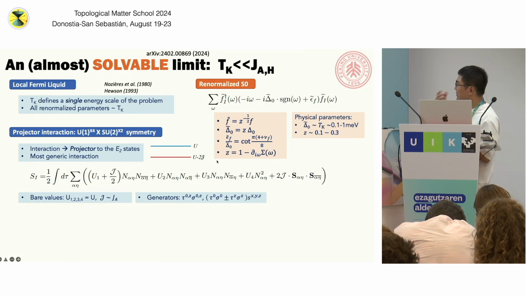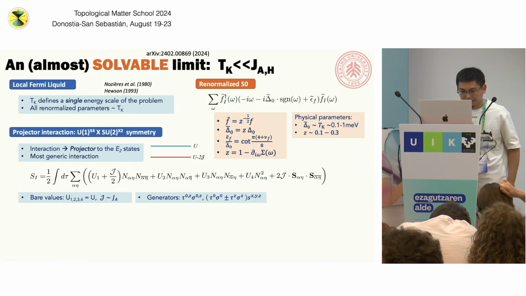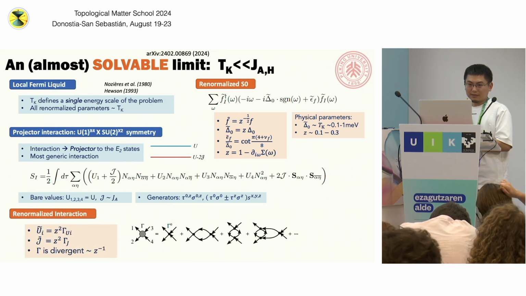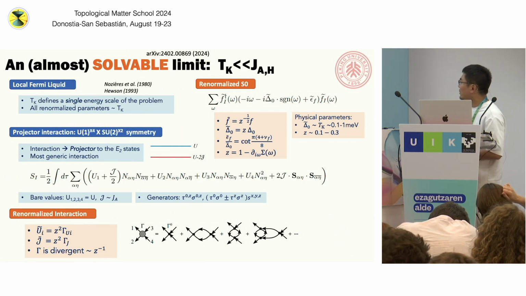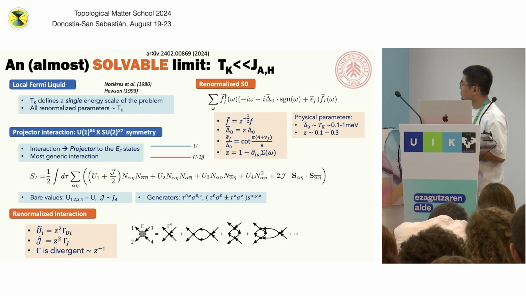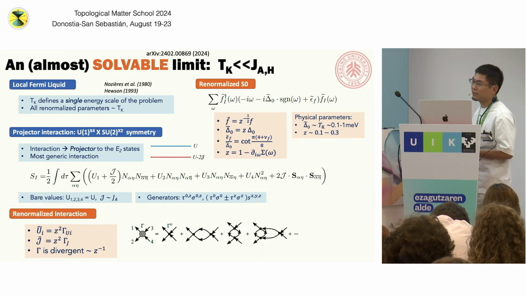So I would not expect pairing in a naive mean field theory, right? But we know that this is a strongly correlated Fermi liquid, so all the parameters can be strongly renormalized. And our job is to find the renormalized parameters, which cannot be obtained perturbatively.